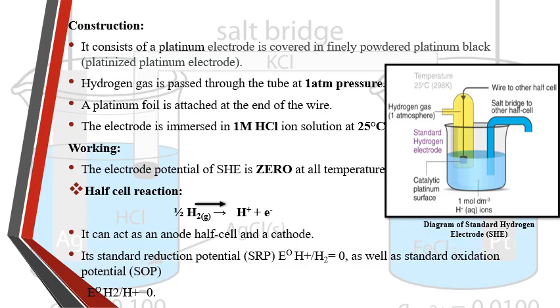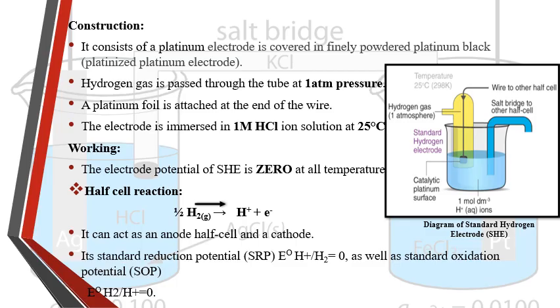The electrochemical reaction occurring at the standard hydrogen electrode is as follows: the half-cell equation for hydrogen. The reaction is at equilibrium and the potential of the SHE is defined as 0.00 volt under standard condition.